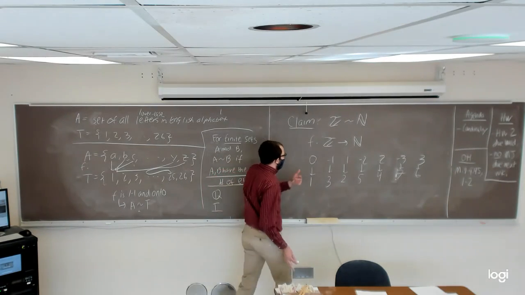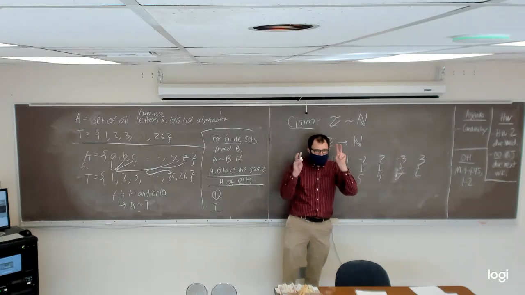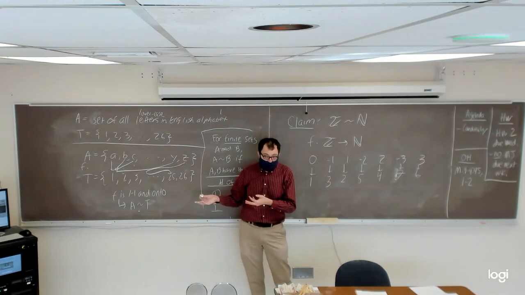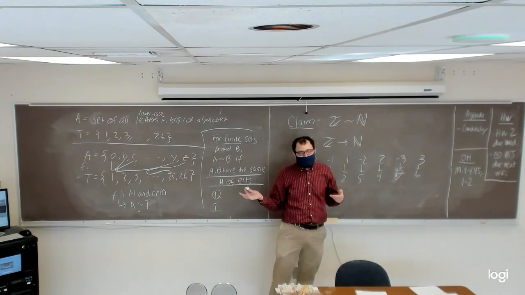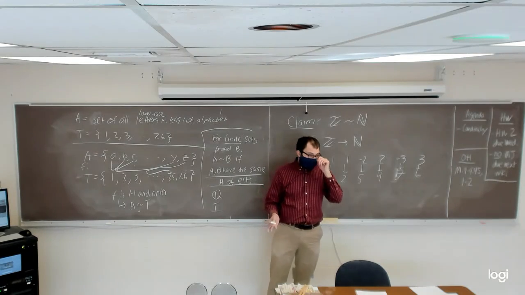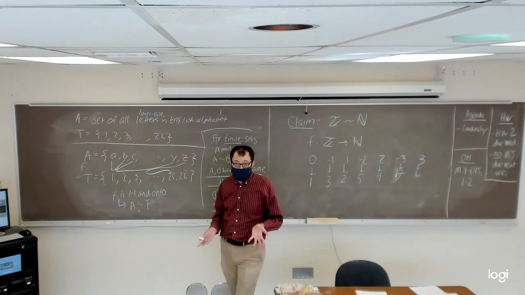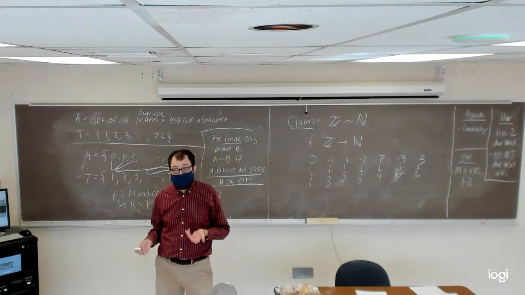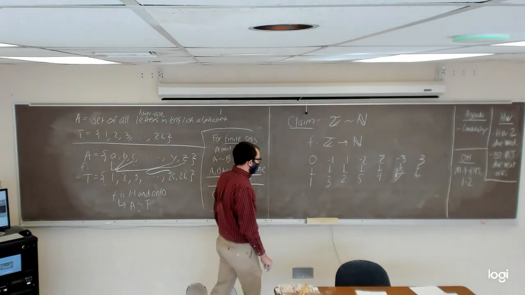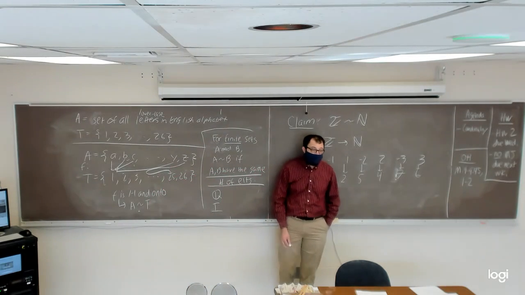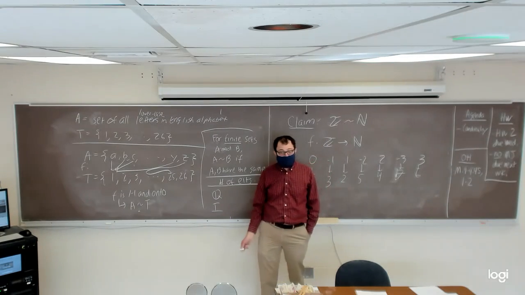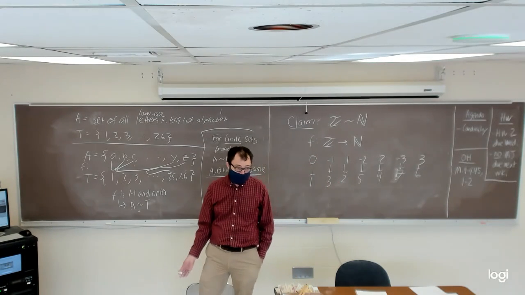But starting with all the natural numbers, doubling that by taking them and their negatives, and adding 1, or adding in 0, is not actually changing the size of the infinite set in any way. Very counterintuitive, but something that follows mathematically from this result.